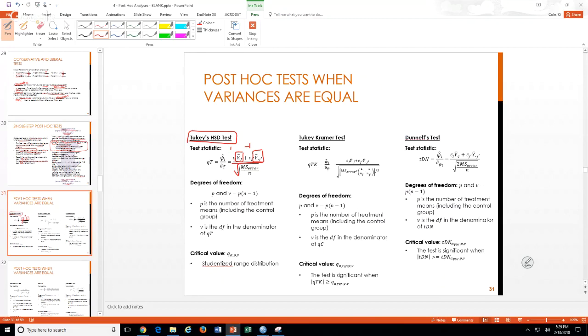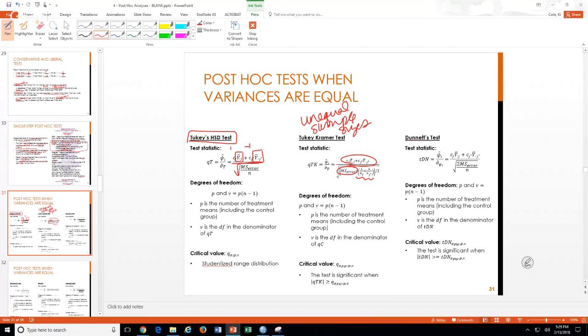I'm not going to ask you to recall them on the exam, but I do want you to see how closely related they are. So Tukey-Kramer, when we have unequal sample sizes, still does essentially the same thing with a measure of error and subtraction of the group means, but it takes into account the group sizes because it knows that they're different.